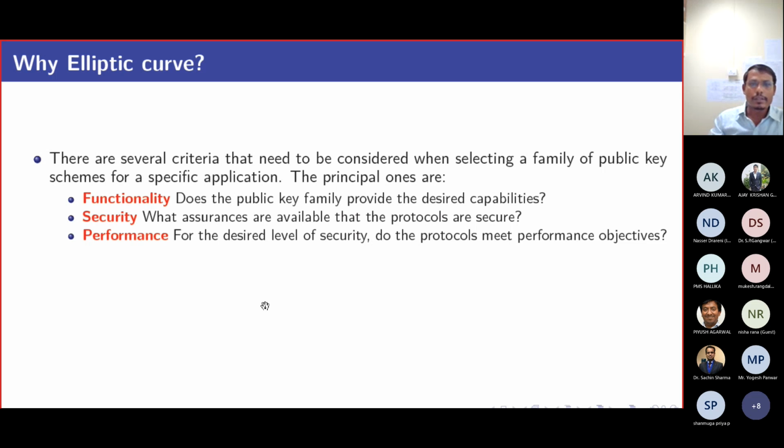So these are the 3 criteria based upon which we are using the elliptic curve in cryptography. The first is the functionality criteria, because if we talk about elliptic curve cryptography, there are various tools like encryption, decryption techniques, digital signatures, and some other kinds of tools.